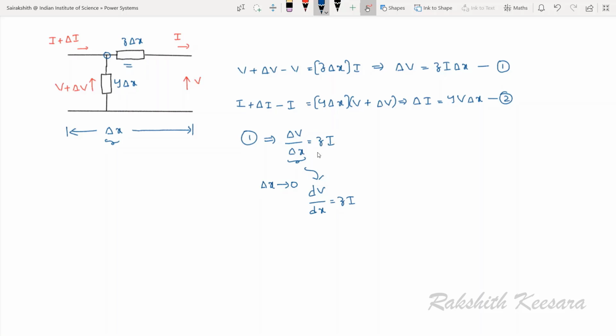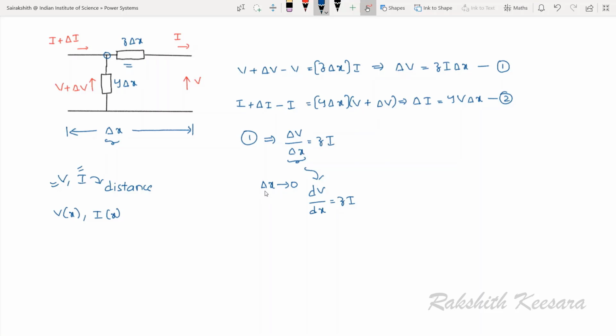I need to make a point here. V and I are dependent on distance. I mean, these are V of x and I of x. These are not constant values, okay?